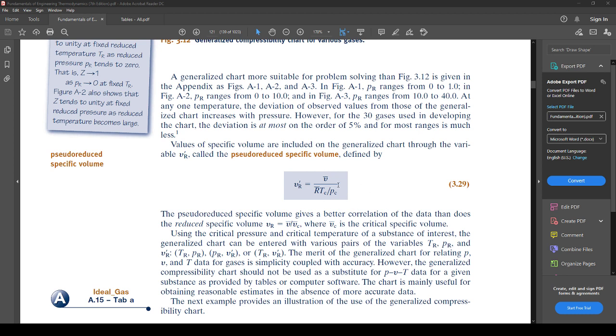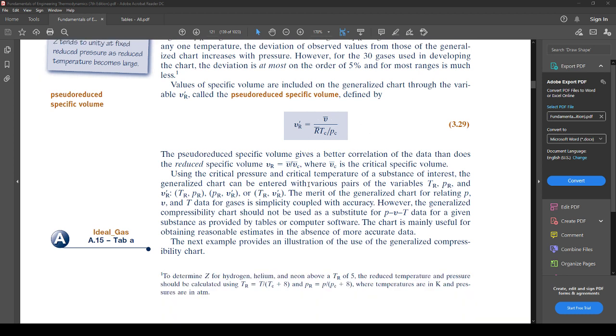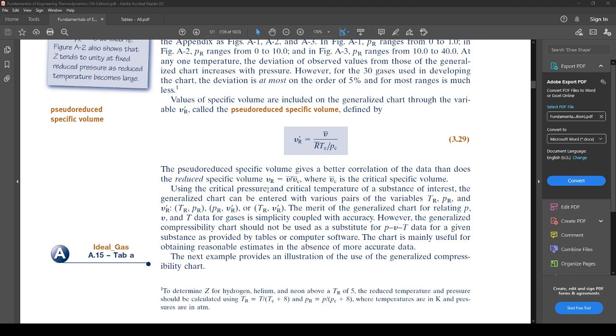So this type of thing we don't really talk about very much. If they do ask for it, this is what you're going to do though. So it says the pseudo-reduced specific volume gives a better correlation of the data than does the reduced specific volume. VR is equal to V over VC, where VC is the critical specific volume.